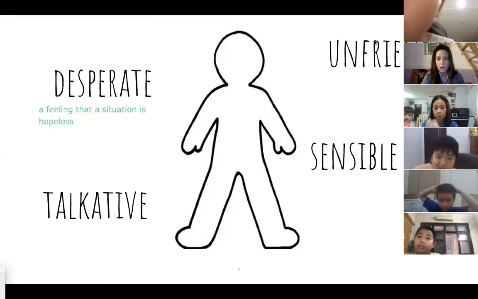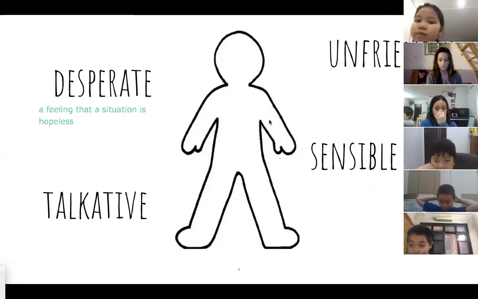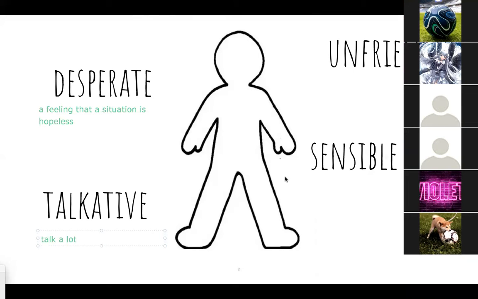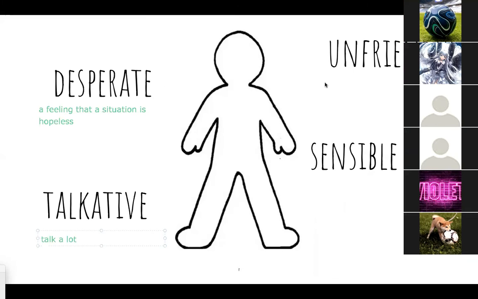What about talkative? When someone is talkative, he or she talks a lot. What about unfriendly? What does the word unfriendly mean, Ming Chao? It's not friendly. Okay. And Dino, what does the word sensible mean?